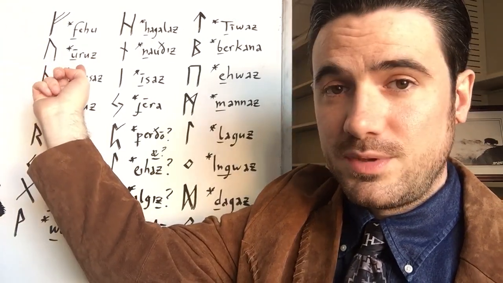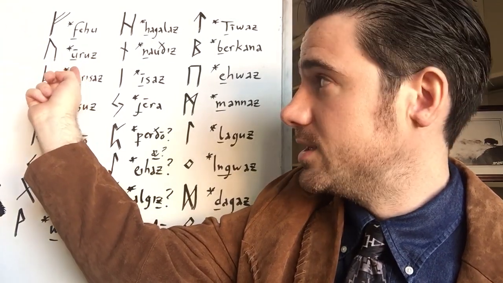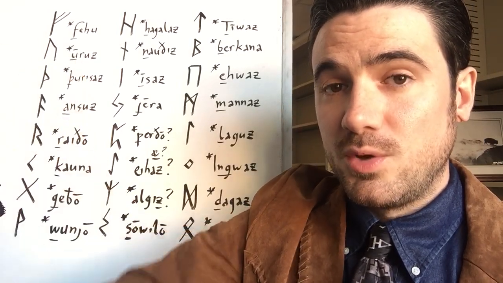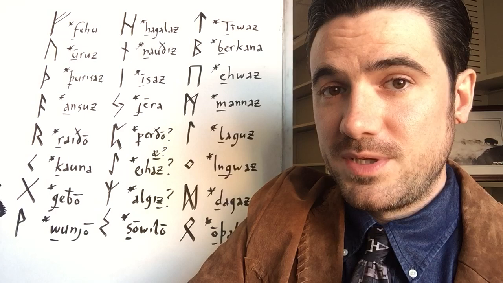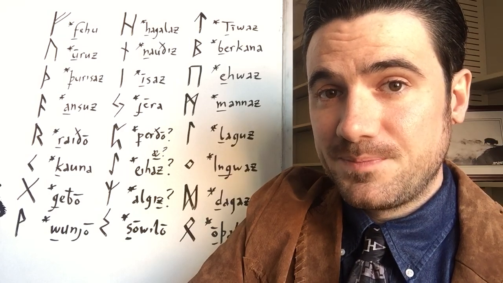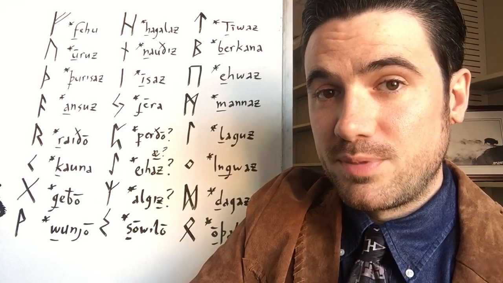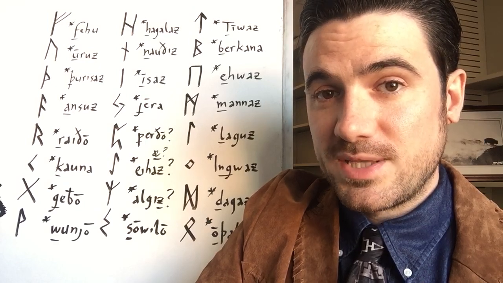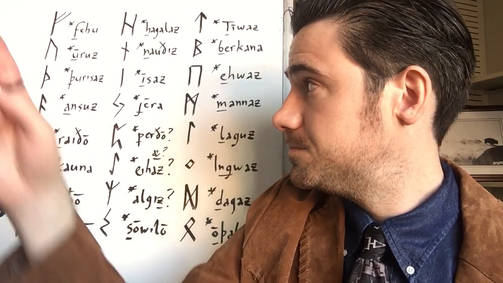The letter for the sound u is urus. Most likely this originally meant the aurochs, an ancient European kind of wild cattle, but the later rune poems also point to possible meanings including storm and slag, as in bad iron.